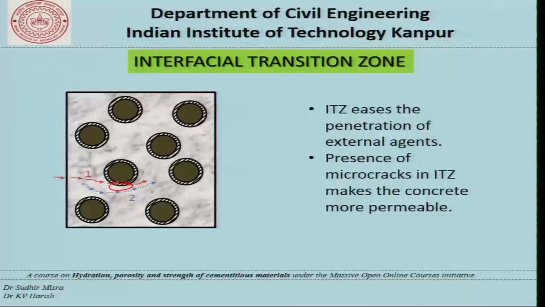Now, if the porosity of the ITZ is higher, the material transport, that is the penetration of external agents, whether it is carbon dioxide or chloride ions or sulfate ions, all this would be easier through the ITZ than through the main body of the mortar. It's the presence of the micro cracks and the fact that there are more pores in the ITZ that makes the ITZ more vulnerable to penetration. It's more permeable.